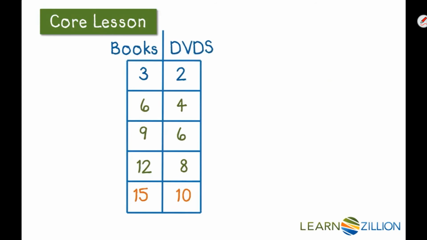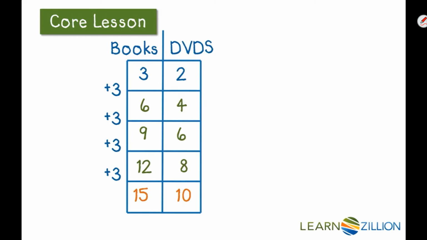Let's look at that table that we filled out and examine it a little bit more closely. There are 2 key ideas that you might hear when working with ratios. And the first one is the one we kind of already saw, which is that when we're looking at the column of books, each level is increasing by 3, because in every group that Andy adds, he's only adding 3 books.